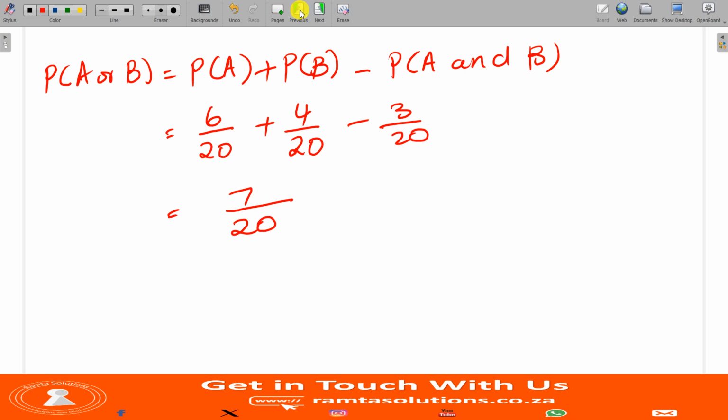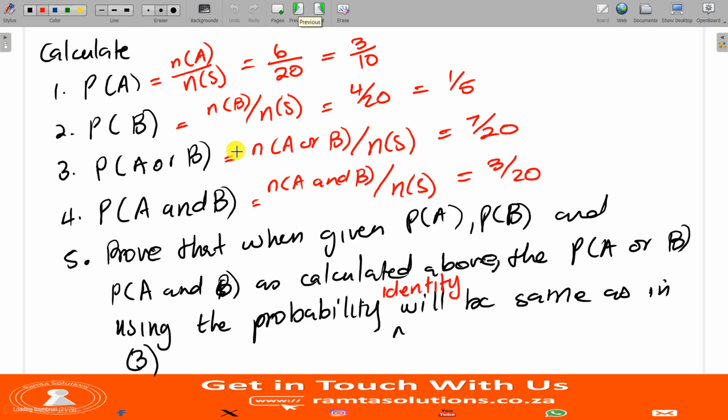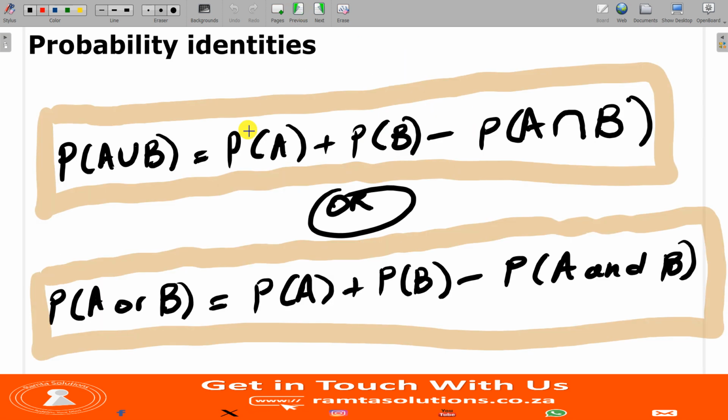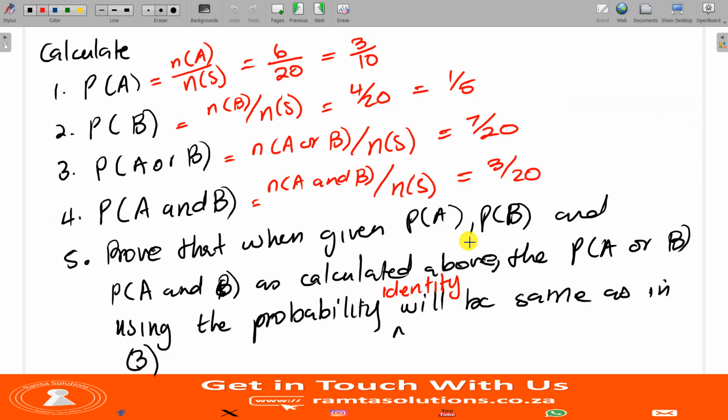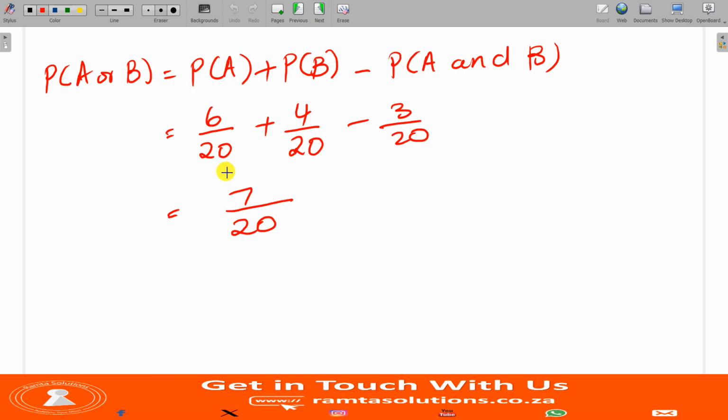Now let's check. Yes, we did get 7/20. Do you now see this identity works? We are good to go. So you can use this identity. You can see now you have many ways of solving your probability questions.